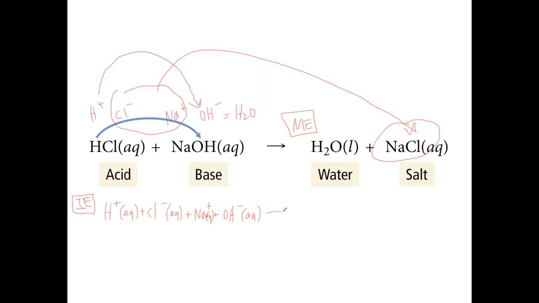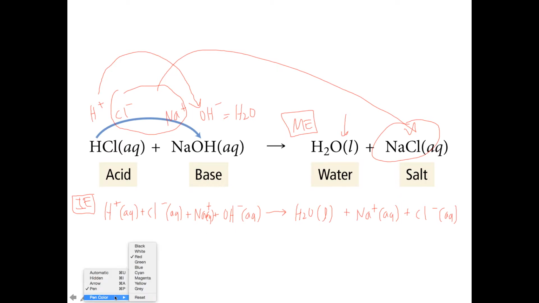Hope you can read this. Looks like I'm probably getting too small, aren't I? Gives water. This is no longer aqueous, and so it is not ionic. Plus sodium plus chloride. Let me change my pen color.